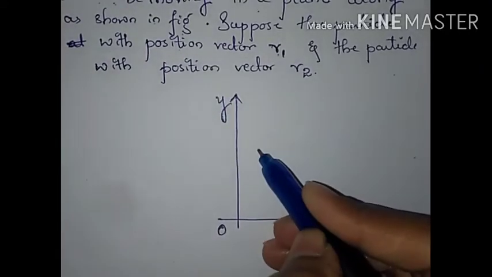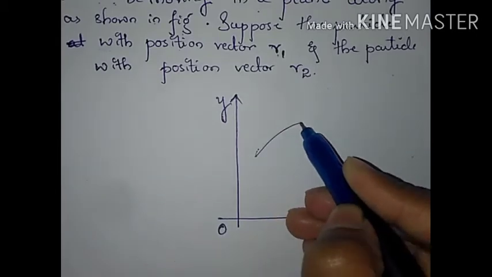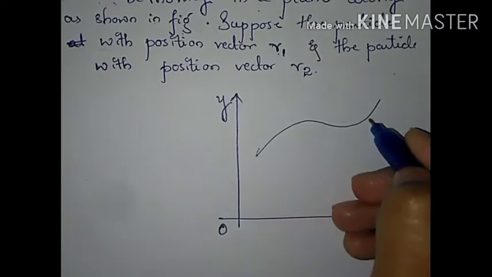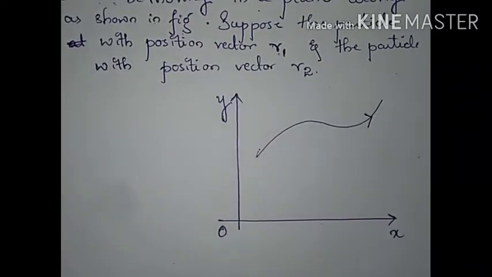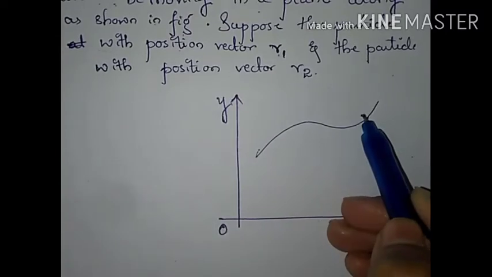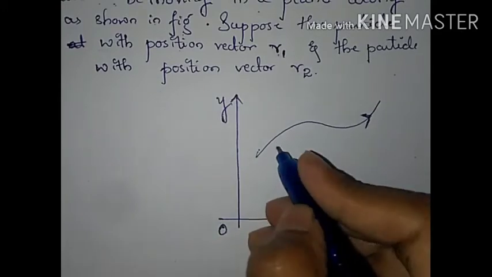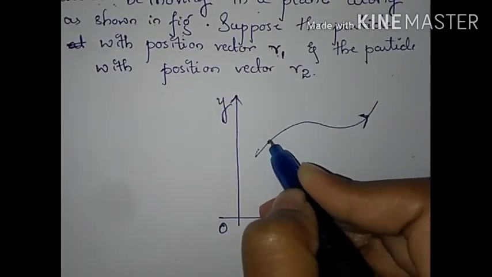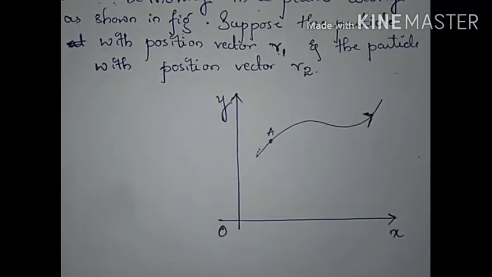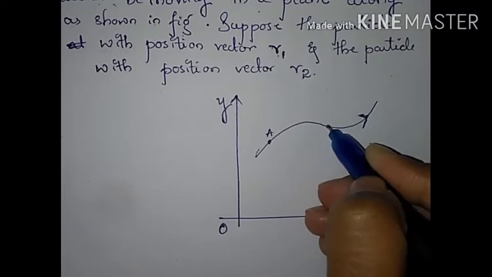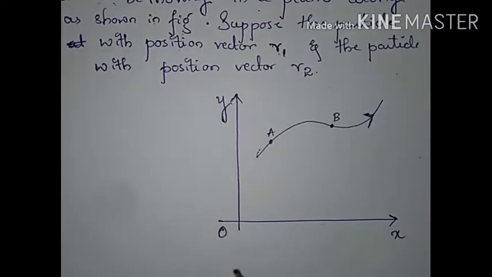Now this particle is moving something like this, or the path of the particle is like this. So the direction of the particle is in this direction, so in a positive x-axis direction. Now let's suppose the particle is at point A at time t1 and the particle is at point B at time t2.